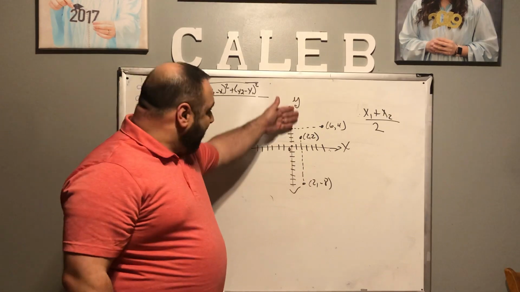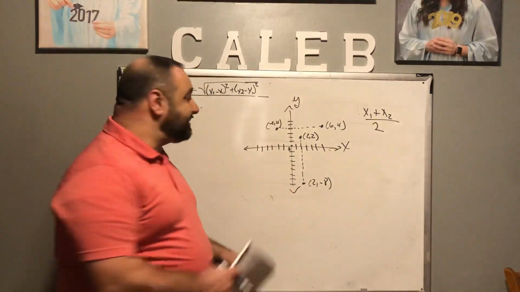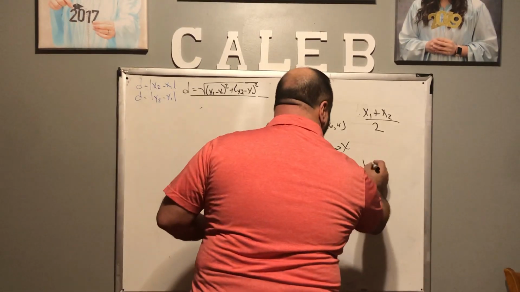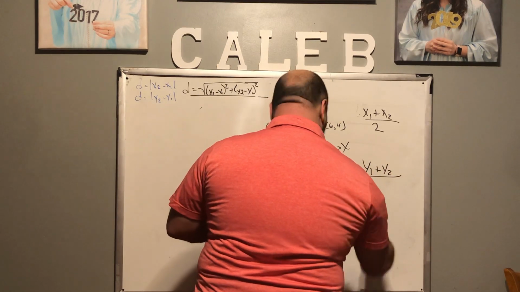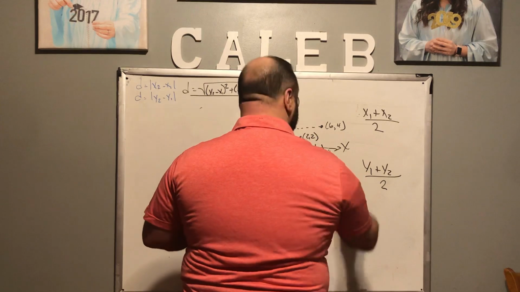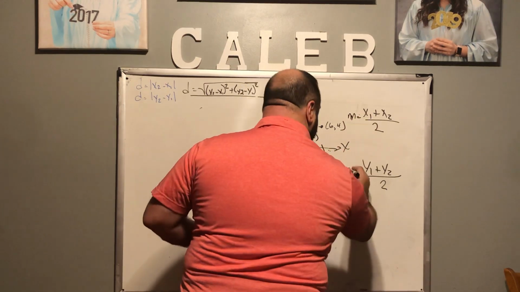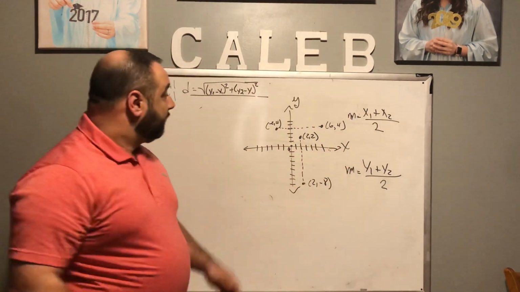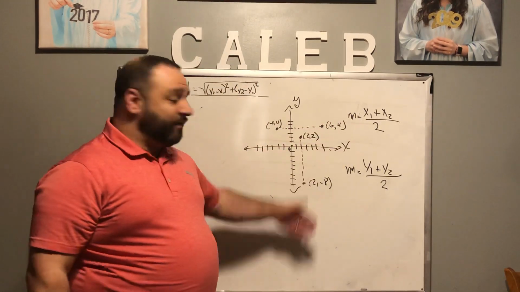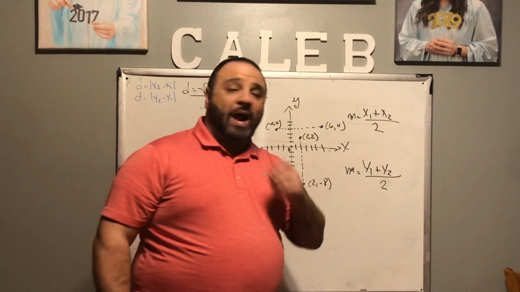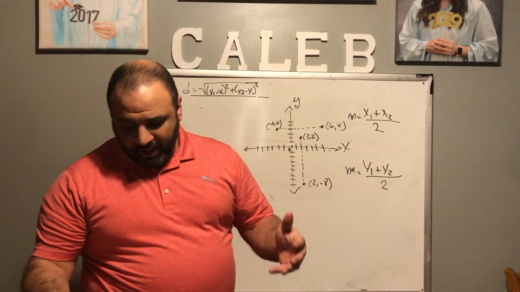So if it's parallel to the y-axis, then we're going to go y1 plus y2 divided by 2. So the midpoint, if it's parallel to the x-axis, is x1 plus x2 divided by 2. If it's parallel to the y-axis, it's y1 plus y2 divided by 2.